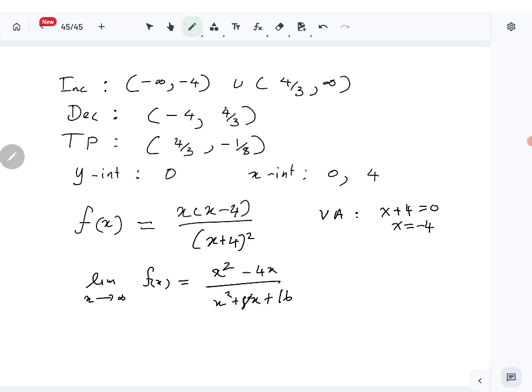So all the other terms will become 0 when you apply the limit. Only the leading terms will affect it. So what do you get? 1. If you divide the leading terms, you get 1. So there's your horizontal asymptote, which is y equals 1.